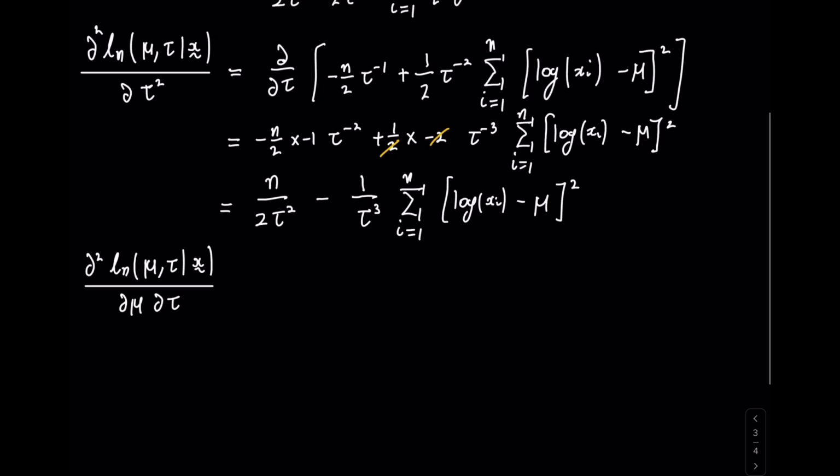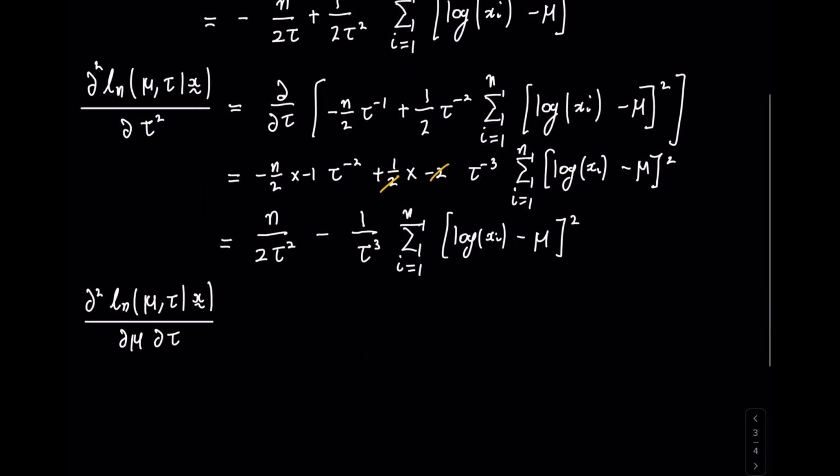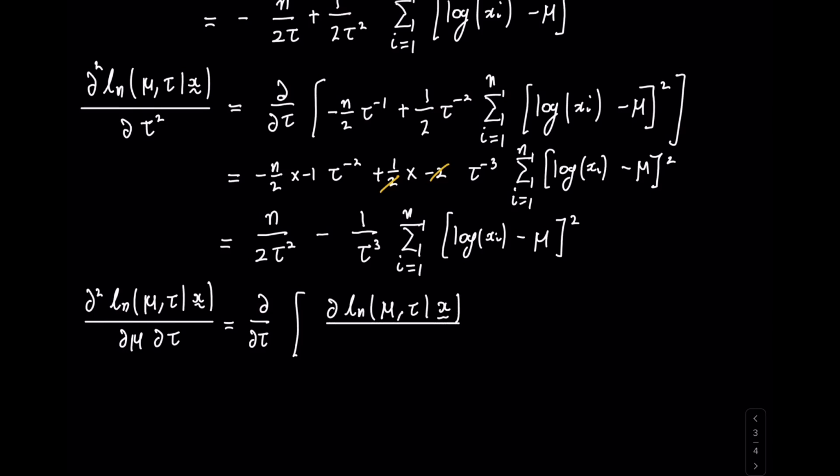Now, it's up to us which one we're going to use. I'm more inclined to use the derivative with respect to tau of the derivative with respect to mu that we've already calculated.